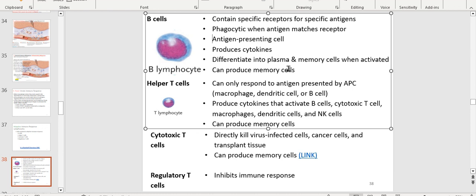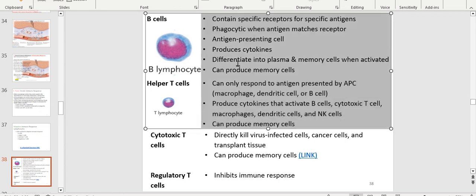When activated, can produce memory cells for sure. Helper T cells can only respond to antigen presented by APCs. Okay, that's these guys here. Macrophage, dendritic cells or B cells produce cytokines that activate B cells, cytotoxic T cells, macrophages, dendritic cells, and killer cells. Can produce memory cells. So there's a lot going on here, okay?